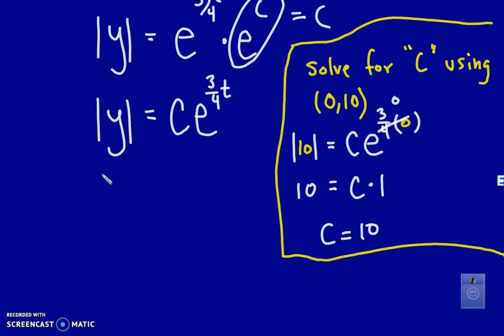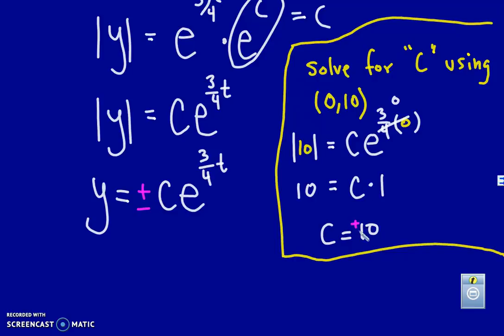So in my previous example, I got rid of the absolute value bars by putting the plus or minus, and I got y is equal to plus or minus c e to the 3 over 4t. That would be the case. However, I have enough information given this initial condition to figure out that c is actually not plus or minus.